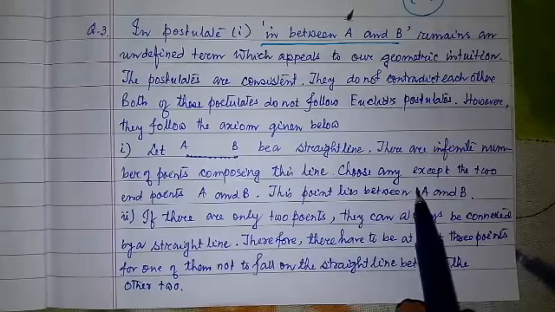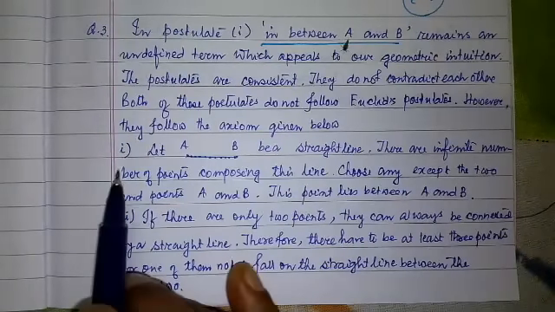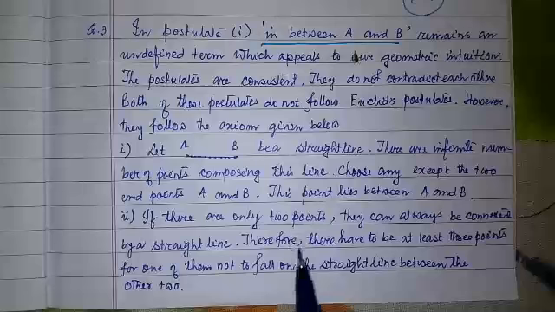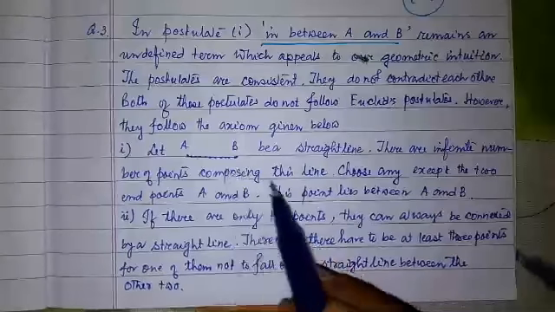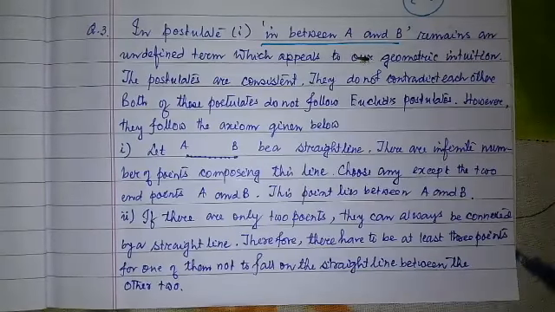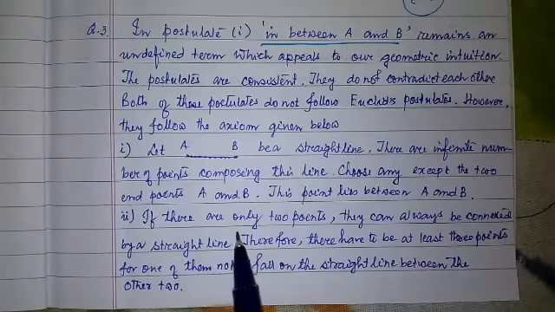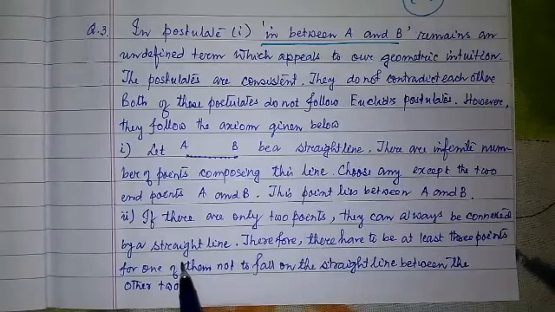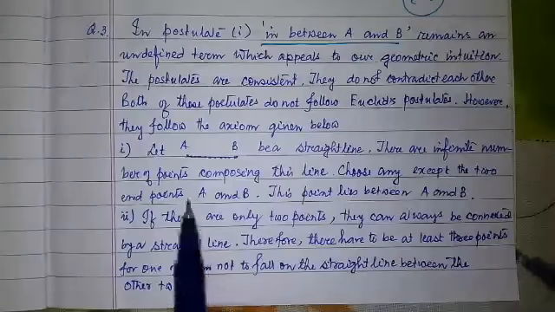Now let us choose any point except the two ends, that is A and B. We can choose any point in between A and B. This point lies between A and B, and the postulate is right. Now for the second one, if there are only 2 points, they can always be connected by a straight line.